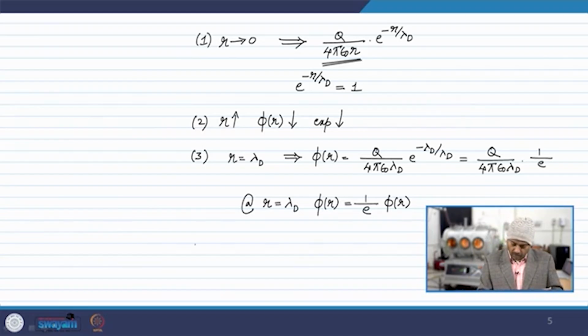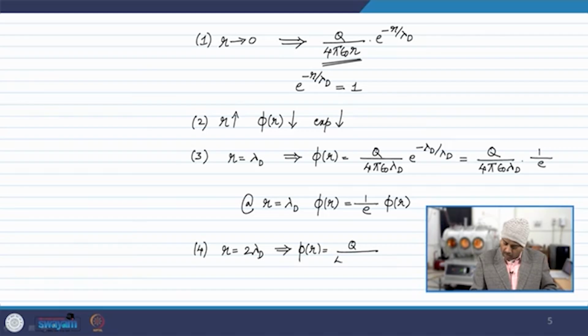Okay. Now, we take another situation where r is equal to 2 lambda d. You have gone beyond lambda d or beyond the device length. Then we can say that as a result, phi of r becomes q by 4 pi epsilon naught times 2 lambda d e to the power of minus 2 lambda d by lambda d, or q by 4 pi epsilon naught.